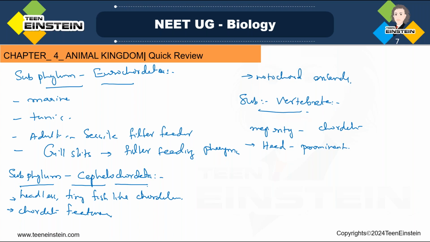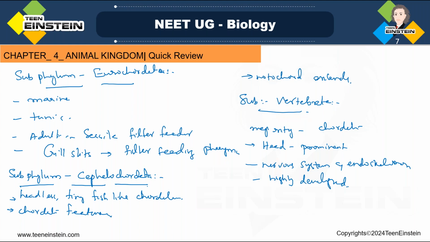The nervous system and endoskeleton are both highly developed, right? And the notochord is replaced by a jointed vertebral column, and two pairs of appendages are present.